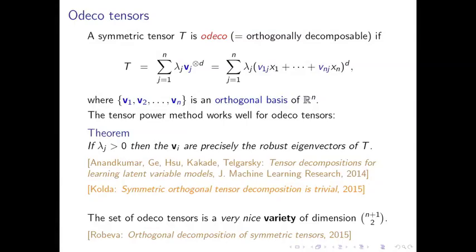This theme was picked up also in the numerical linear algebra community. There's a nice article by Tamara Kolda with this charming title. So ODeCo tensors are particularly interesting. Now, why is this so popular in machine learning? These guys have a method. You take data, in this situation some cumulant tensor, so you have some symmetric tensor. Now, the given tensor is not ODeCo, right?